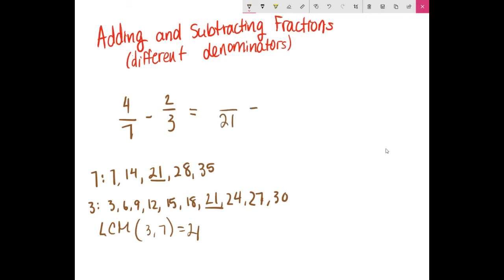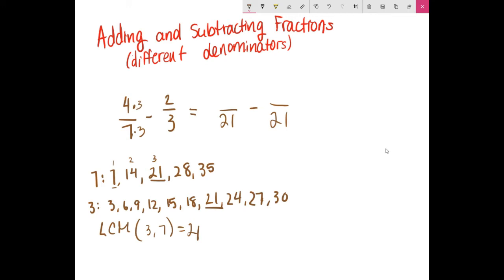So let's just put them as 21 here, and we need to manipulate the numerator of both fractions to make them proportional to the original fractions when the denominator is 21. So how do we get from 7 to 21? Well, 7 times 3 is 21. If we look at our list of multiples, 7 is the first multiple, 14 is the second, and 21 is the third multiple. So 7 times 3 is 21, and then we do the same to the top.